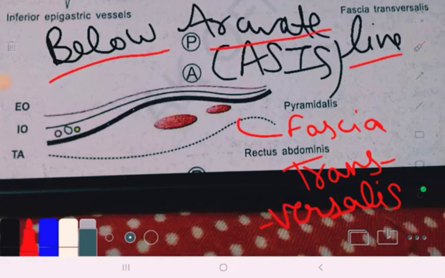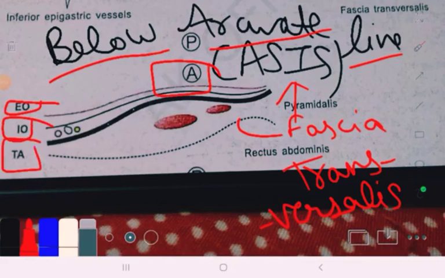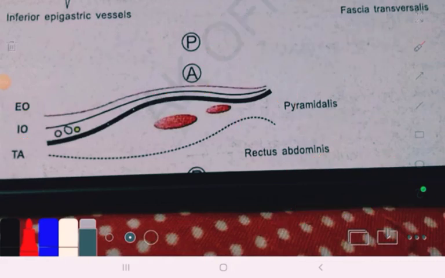Now below the arcuate line, anteriorly internal oblique, external oblique and transverse abdominis, and posteriorly there is fascia transversalis.